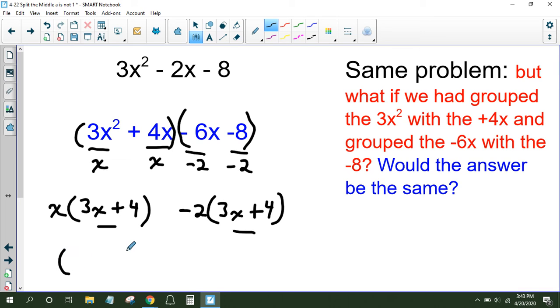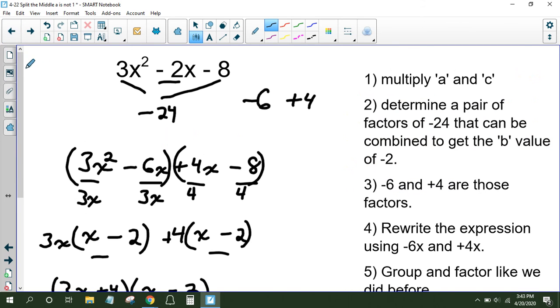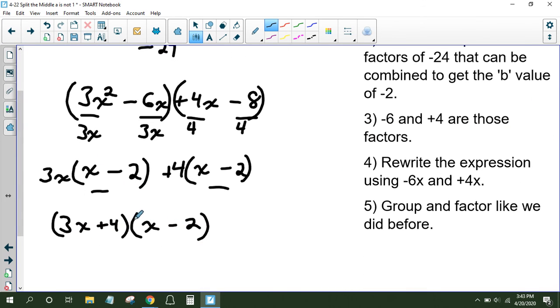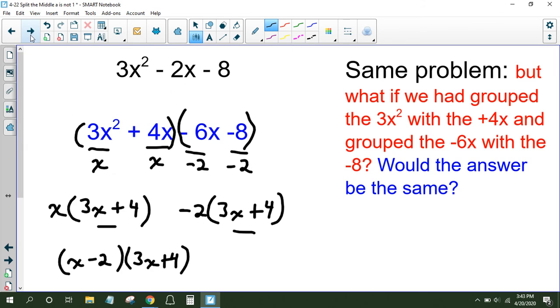So our factoring then, okay, grouping our two GCFs together, we have x minus 2. And then our common parentheses there, the 3x plus 4. Okay, and yes, indeed, we got the same exact answer. Okay, in our previous one, we had 3x plus 4 times x minus 2.